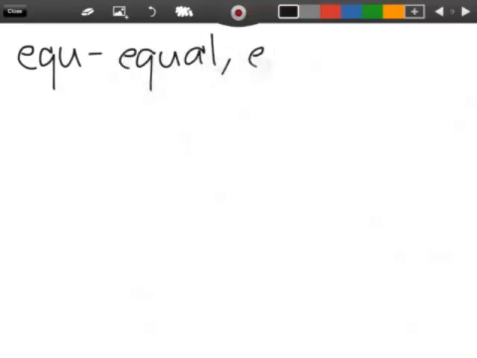Moving on to our next root is equi, meaning equal, equally.